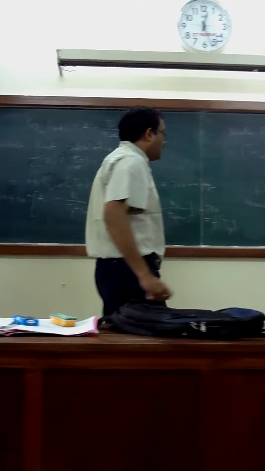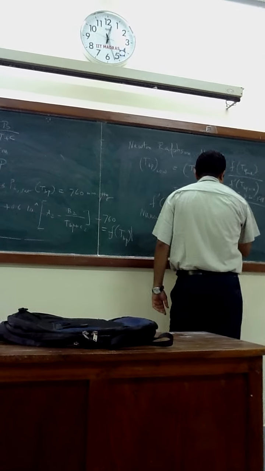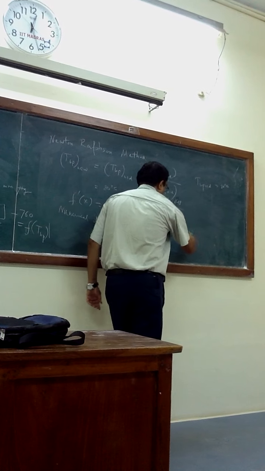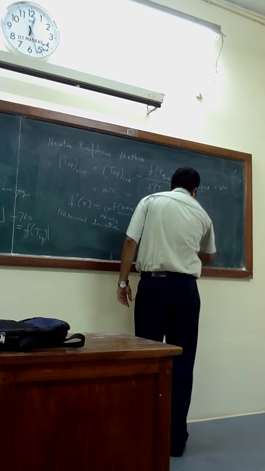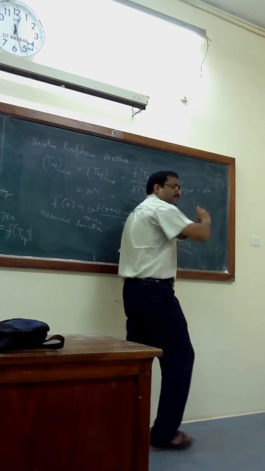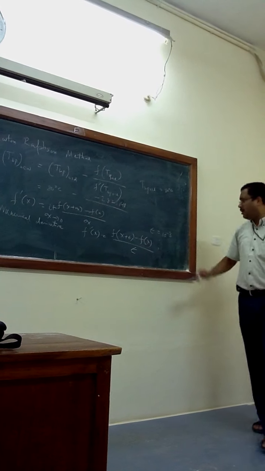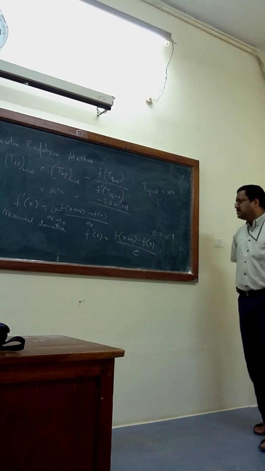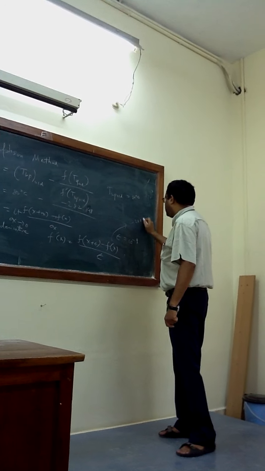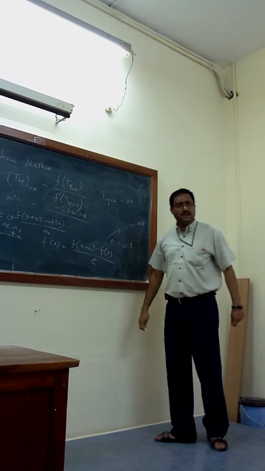What we will do? F prime of x is f of x plus epsilon minus f of x by epsilon, where epsilon is 10 to the power minus 3, or minus 4 is better. Now you can store the value, minus 282.148.